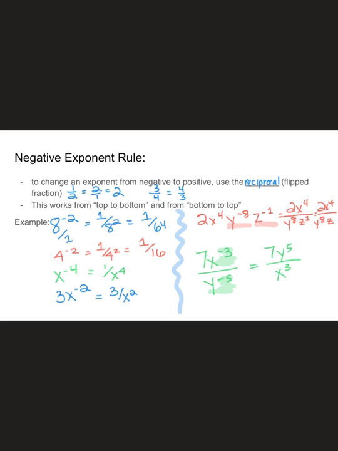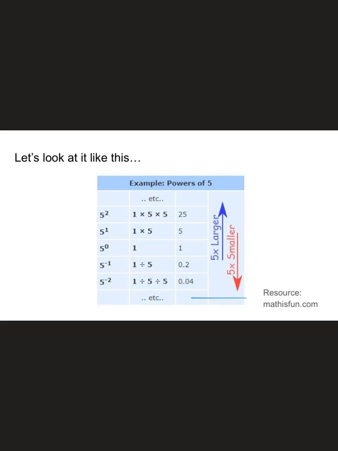Now the last thing I want to show you is this graphic here, and I did take this from the website mathisfun.com if you're interested in looking at more of their examples. But we can look at this to see why this makes sense. Why we're dividing and then multiplying, how exponentials work.